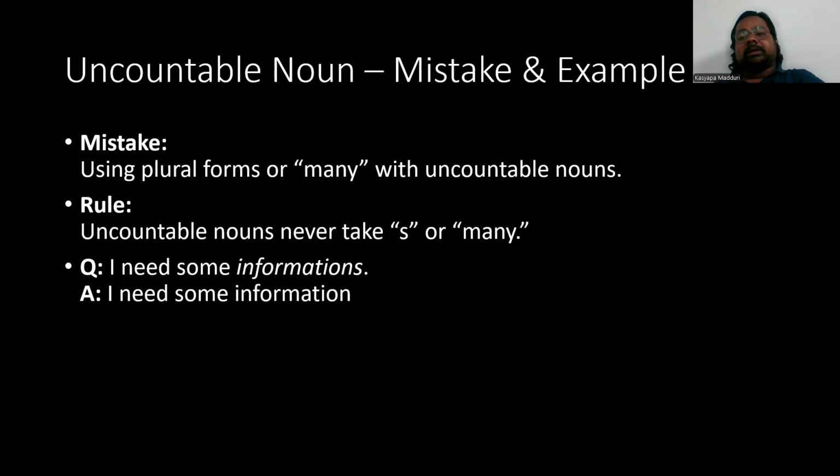Many people use this even while speaking in real life. They go to the information desk and ask, I need some informations about these trains, because they need multiple kinds of information. So they say informations. But it should be, I need information about this train. That is wrong. It is just information. Next.